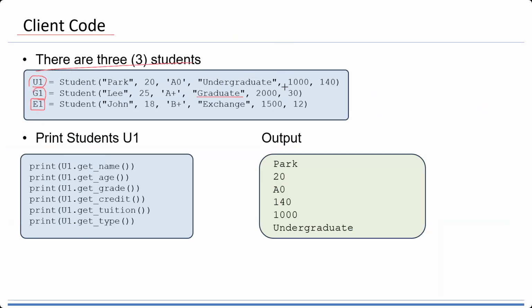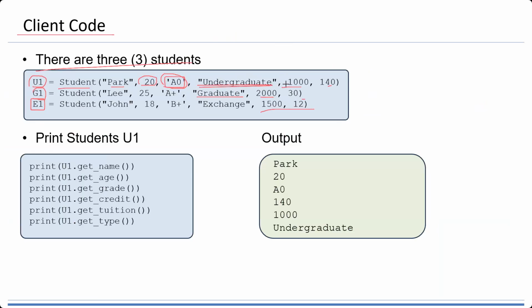Yeah, now I would just give the numbers randomly. For example, the student Park, his age is 20 and the grade is A0. Maybe this is the final grade. And this is the undergraduate student.